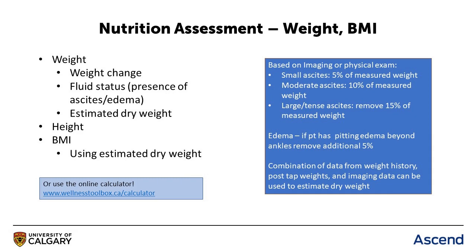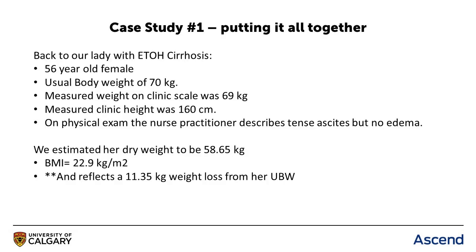So for those of you that do have it open, if you'd like to play along, I've got this knowledge check, kind of small case study, mini case study. So this patient reports, this is a 56-year-old female with alcoholic cirrhosis. She reports a usual weight of 70 kilos. We measured her in clinic and she was 69 kilos, so pretty darn close to her usual weight.